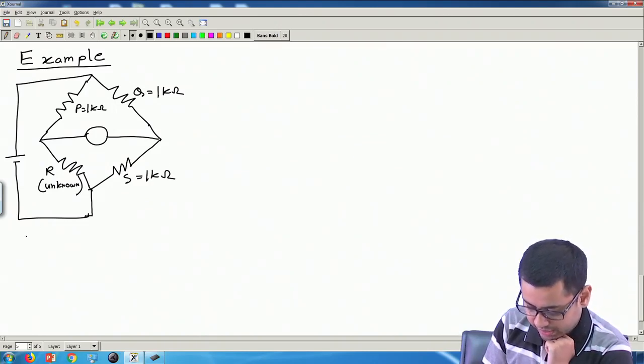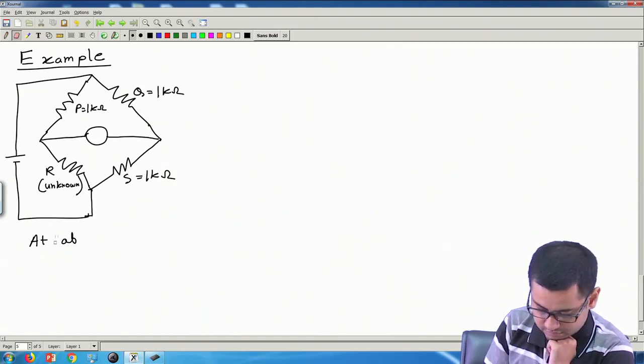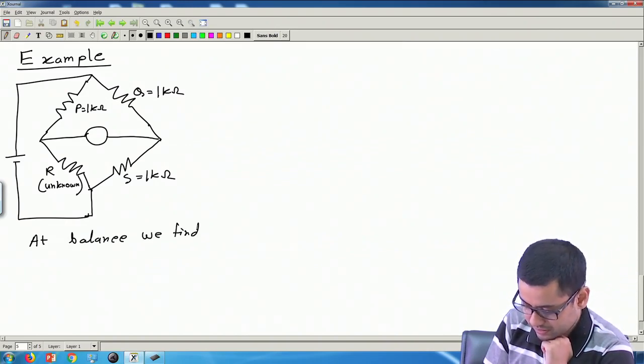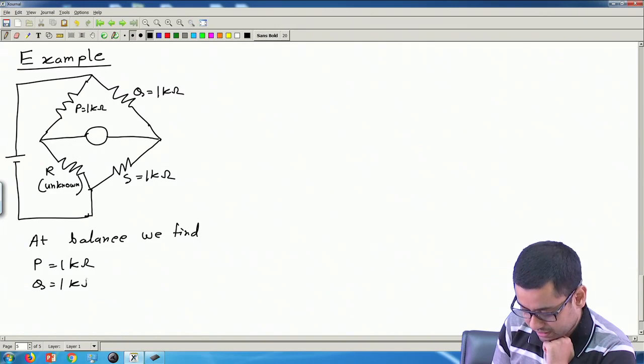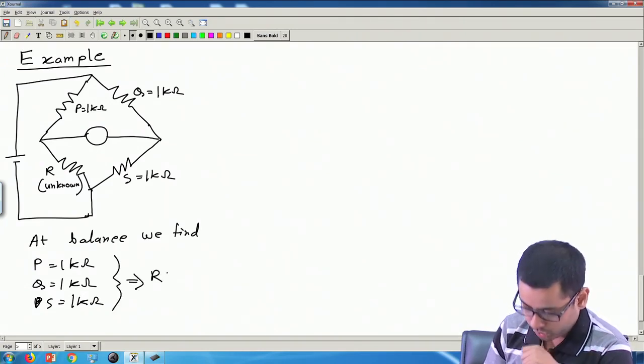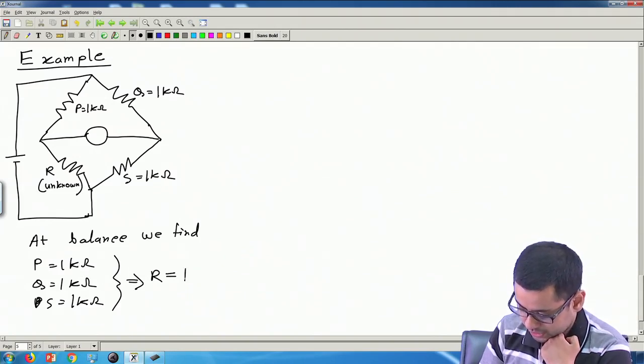So, at balance we find P equals 1 K, Q equals 1 K, S equals 1 K. So, this will imply that R, which is unknown, is once again 1 multiplied by 1 divided by 1, which is 1 kilo ohm.